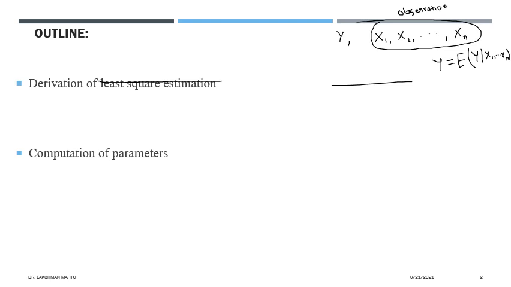Afterward, this one does not have an explicit form in general, unless the joint distribution of y and x happens to be normal. At that time the conditional expectation has an explicit representation. What was that? It would be a linear function of the xi.